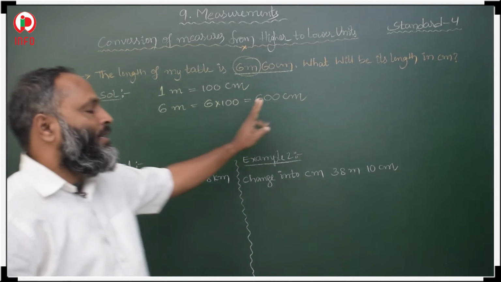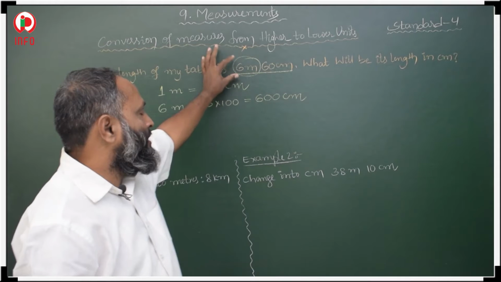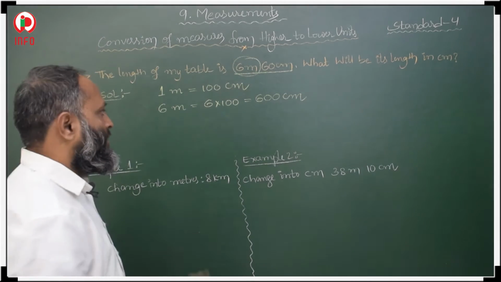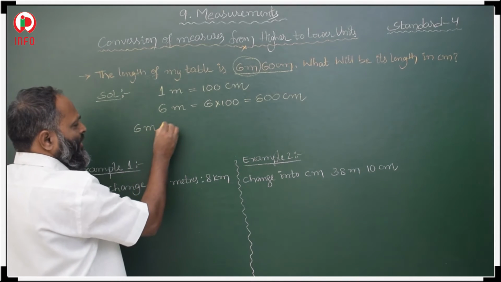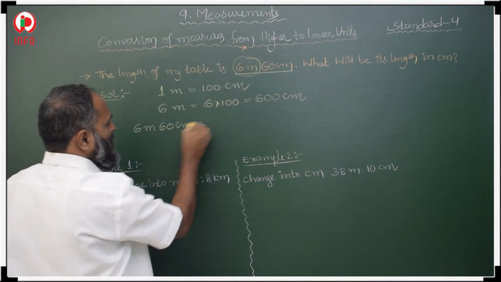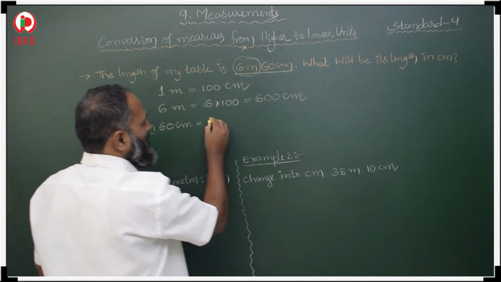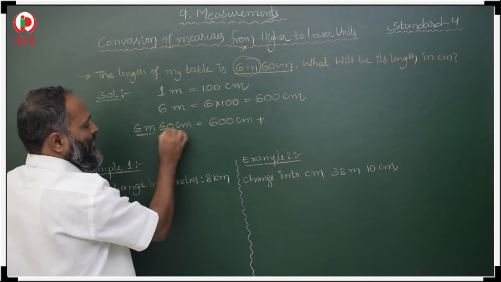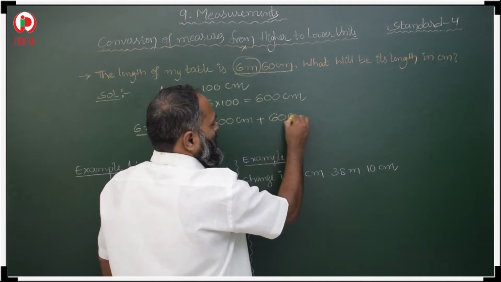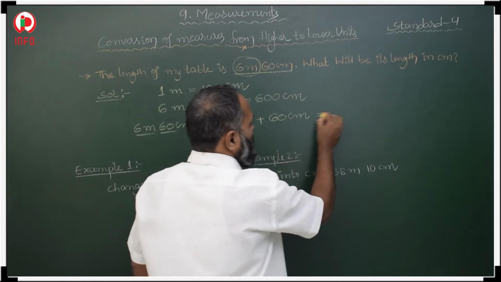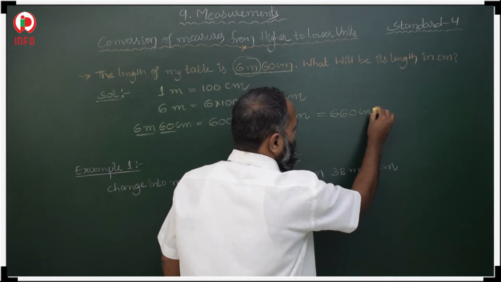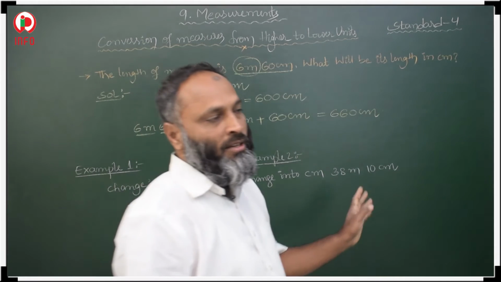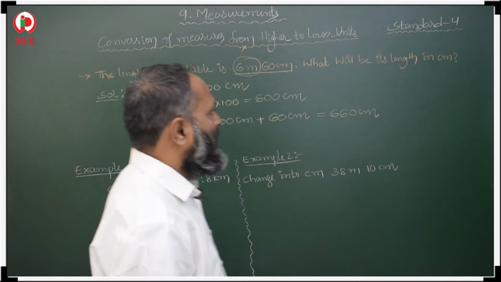But we should convert the total 6 meters and 60 centimeters into centimeters. So 600 centimeters plus the 60 centimeters we have to add. 600 plus 60 is 660 centimeters. This is the conversion of meters into centimeters, larger units into smaller units.